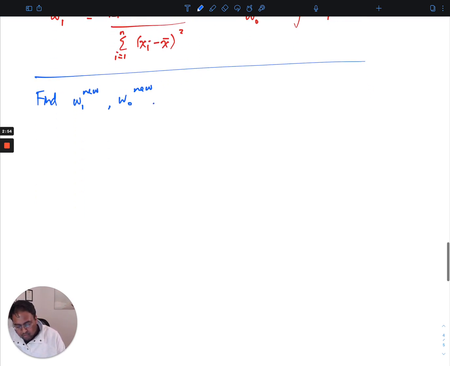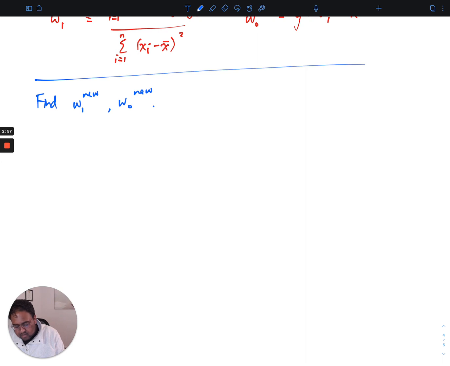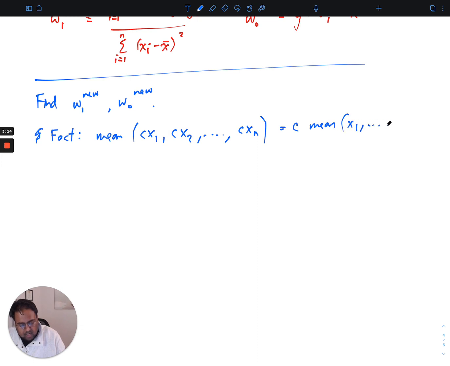And before we do that, I need to show you a fact. So fact. The mean of c times x1, c times x2, so on and so forth, c times xn is equal to c times the mean of x1 all the way through xn.